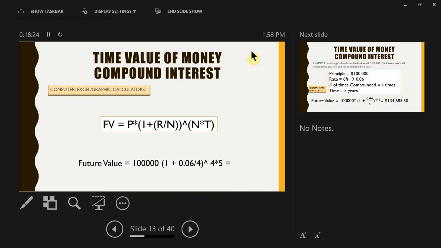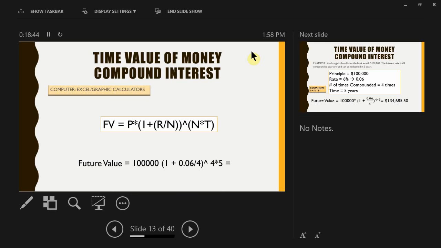That is how Excel will read it. That's why you need to separate it, because we don't want 1 plus the rate. We want 1 added after you've calculated the rate divided by N. So you need the 6% divided by 4, and then you add the 1.